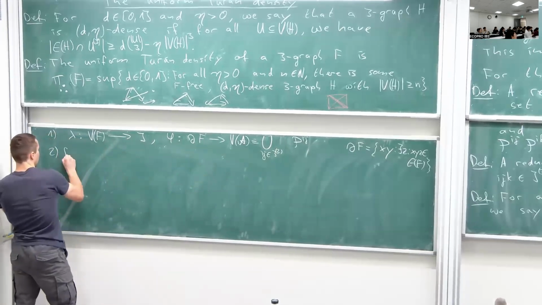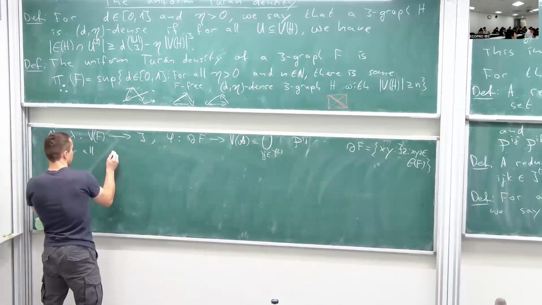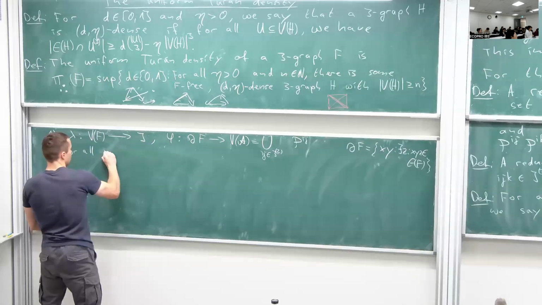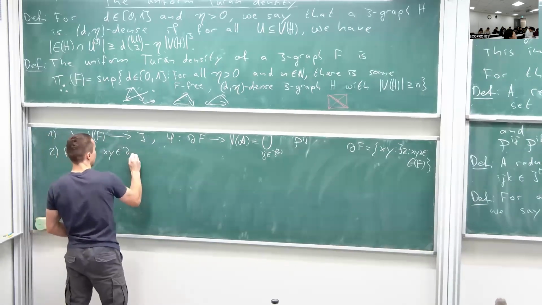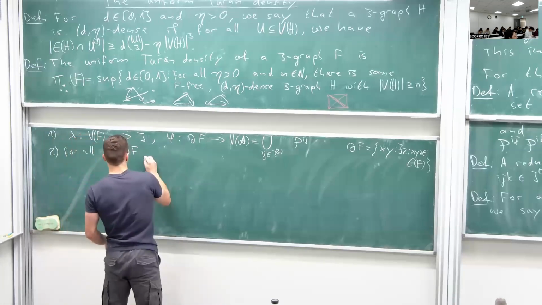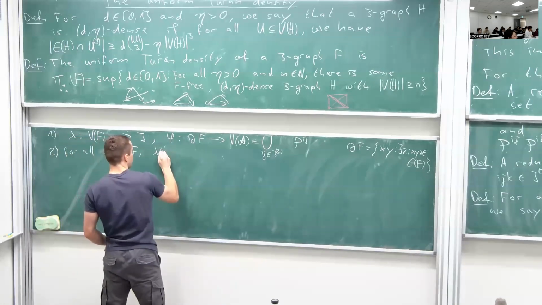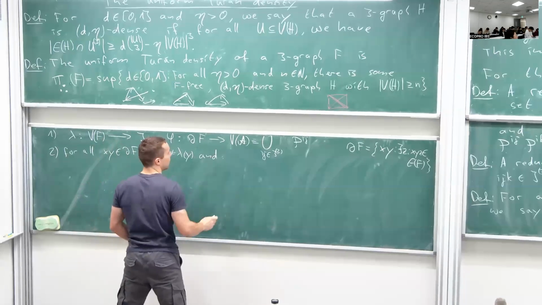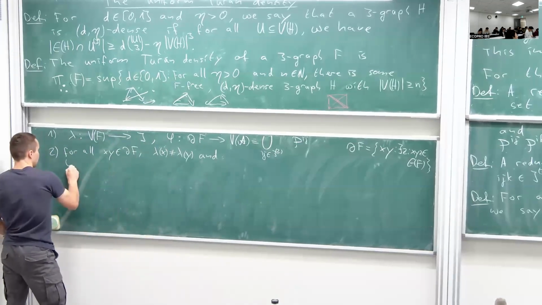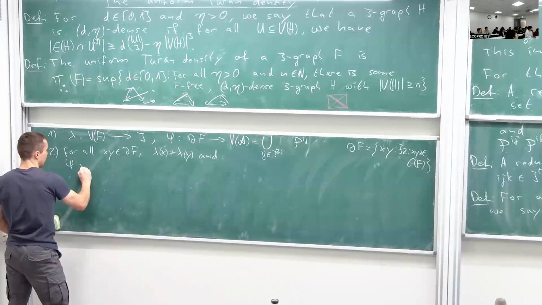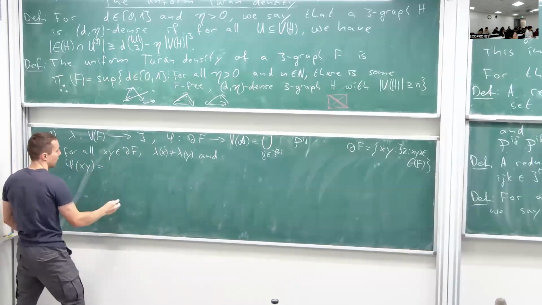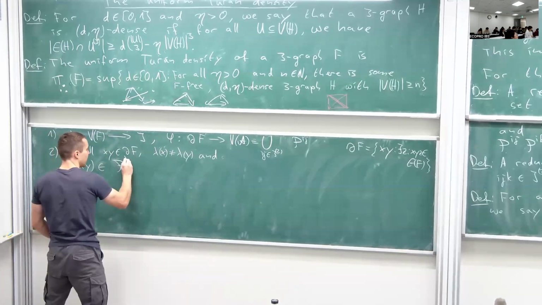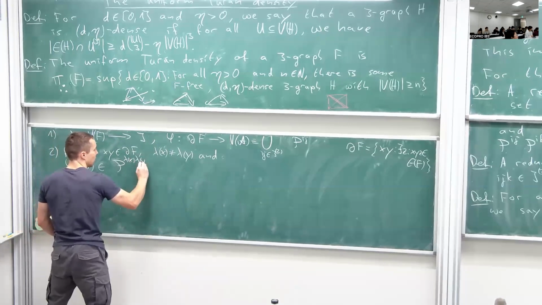So for all x, y in the shadow of F, lambda x is not equal to lambda y, and phi of x, y is in the partition class of lambda x, lambda y.